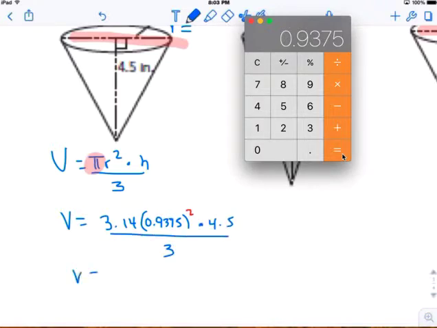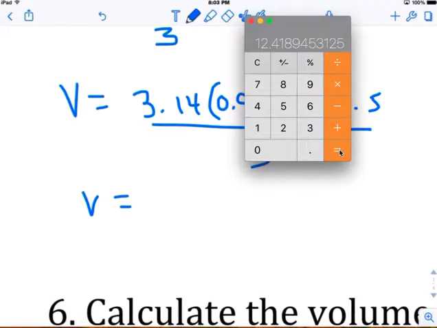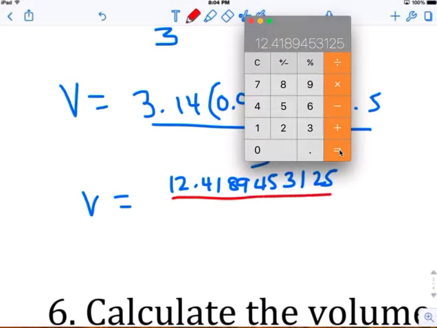Do the numerator first. 3.14 times 0.9375 times that again, because this calculator doesn't have a square, times 4.5 equals, it's a big one, 12.41894533125. And then, of course, we divide that by 3 because it's a third.